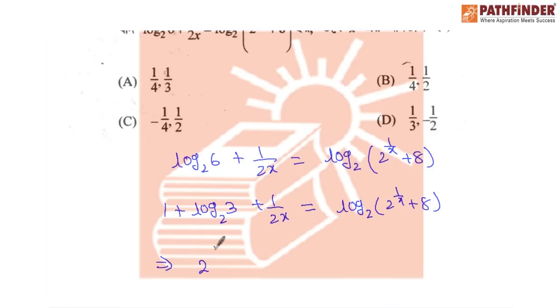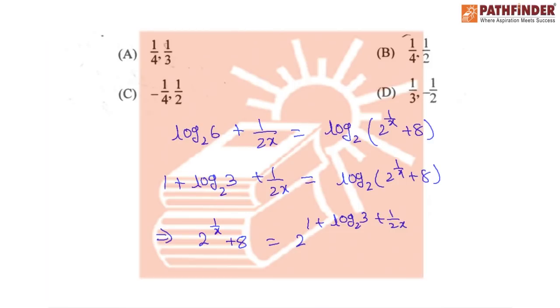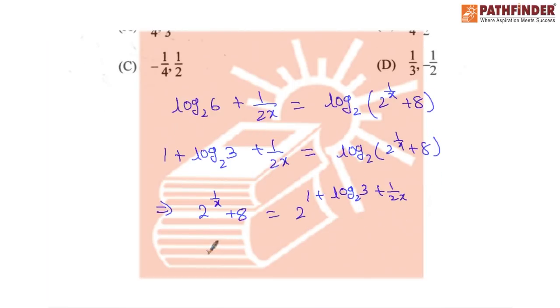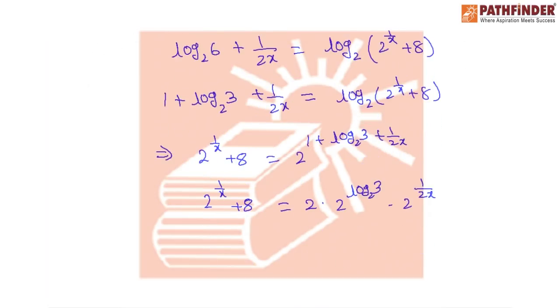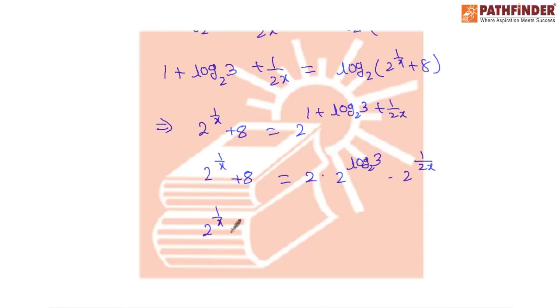Or we can write 2^(1/x) + 8 is equal to 2^(1 + log₂3 + 1/2x), or 2^(1/x) + 8 is equal to 2 into 2^(log₂3) into 2^(1/2x), or 2^(1/x) + 8 is equal to 2 into 3 into 2^(1/2x), because this will be termed as 3.